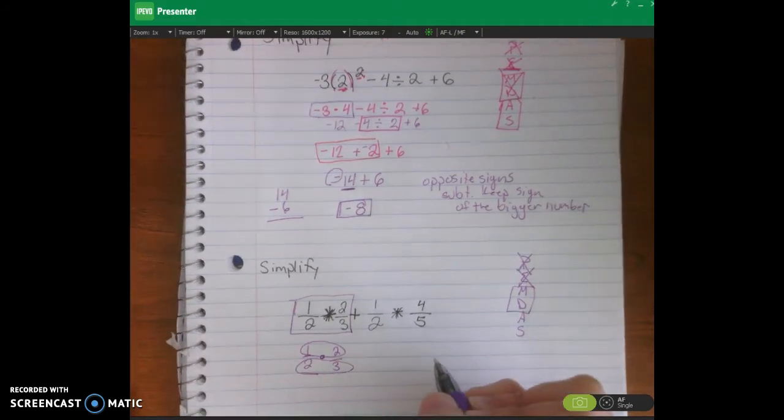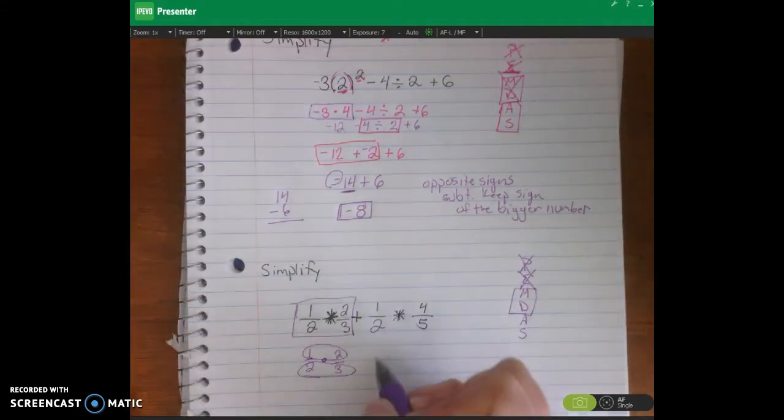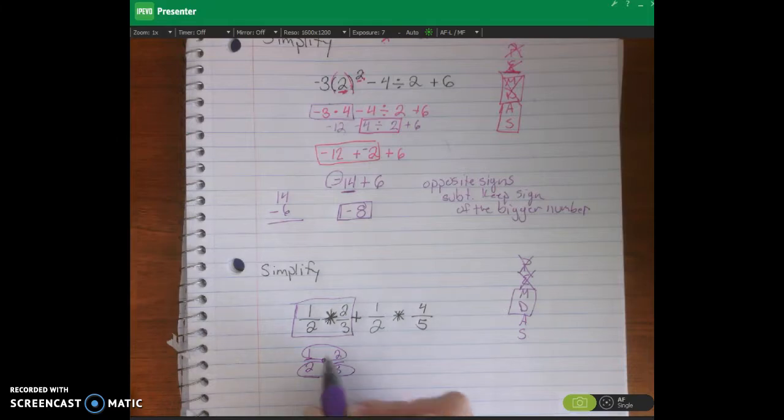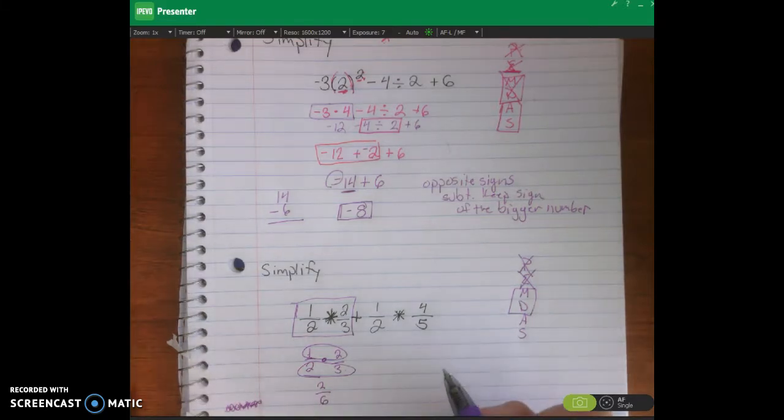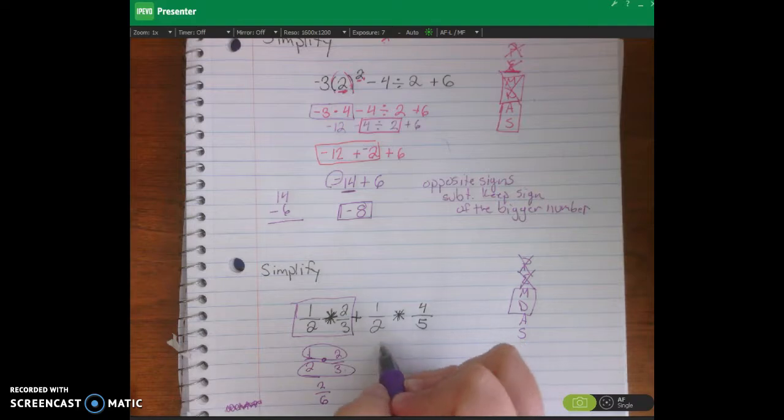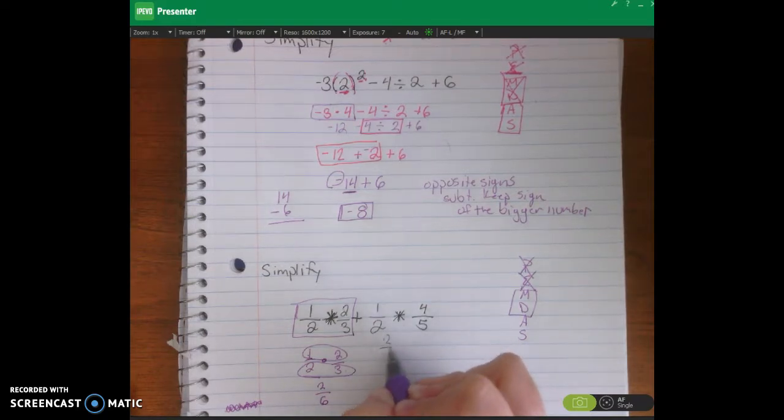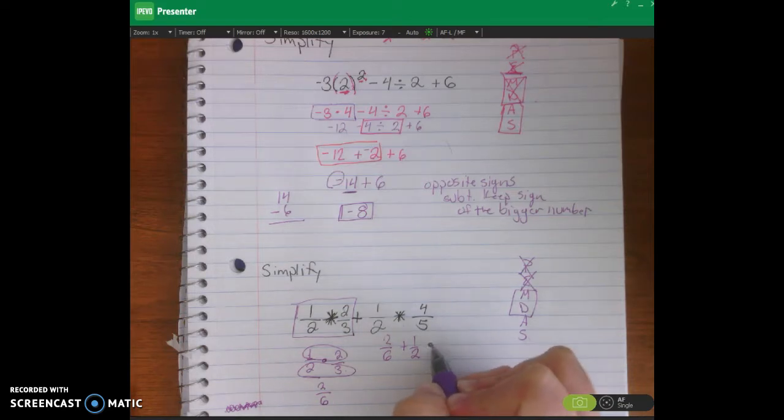So that gives us, see, 1 times 2 is 2, and 2 times 3 is 6. We'll make a little note right here so I don't go below this line. So now we have 2/6 plus 1/2 times 4/5.